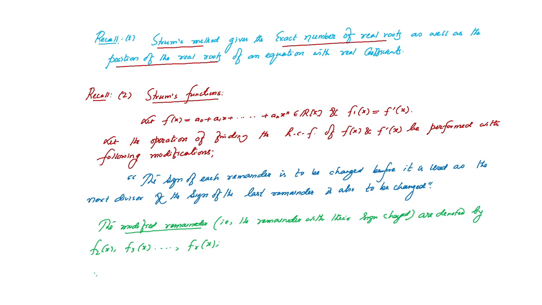And this f(x), f1(x), that means f dash x, f2(x), the modified remainder, the remainder with sign changed, f3(x), f4(x). These remainders are called Sturm's functions.